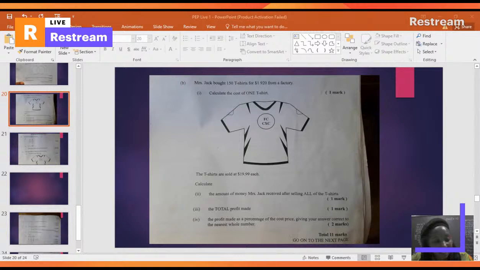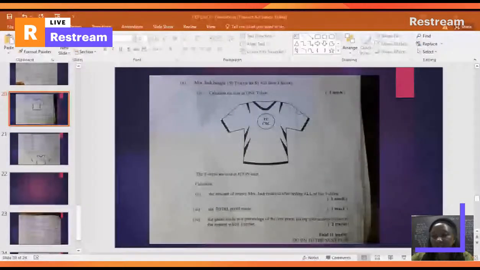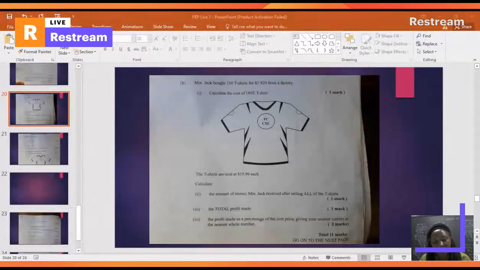So she is selling back each of them for $19.99. So there are a number of ways we can work it. We can work it in terms of unit value, or in terms of the total. The only thing is whether you multiply first or divide first. You're going to get about the same answer.